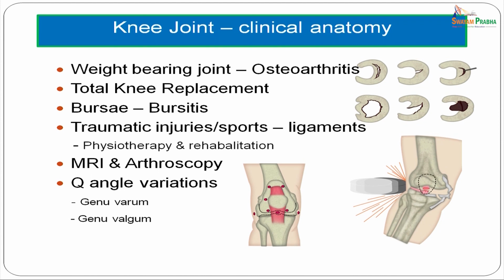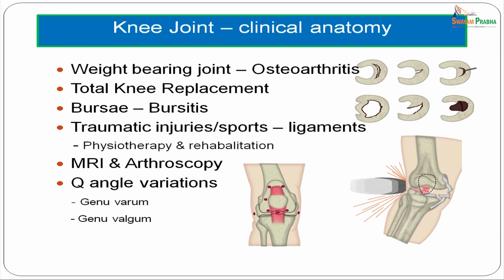The knee joint has a large number of synovial fluid filled sacs, which are called bursae, all around the joint to facilitate movement of the ligaments and tendons. Inflammation of these bursae causes bursitis, which results in severe restriction of joint movements.